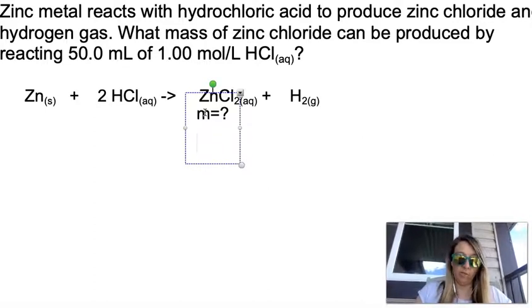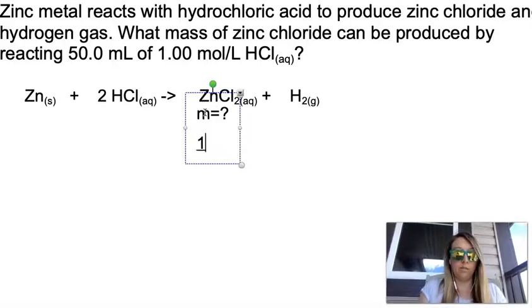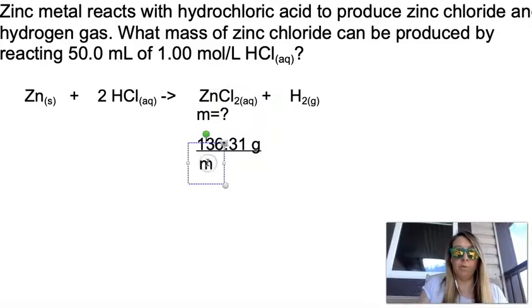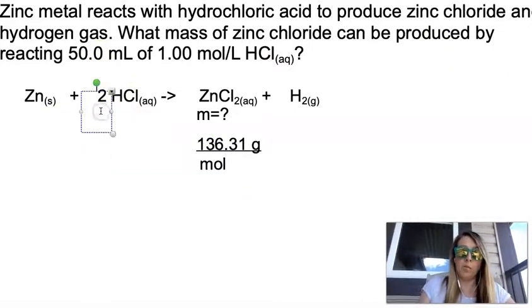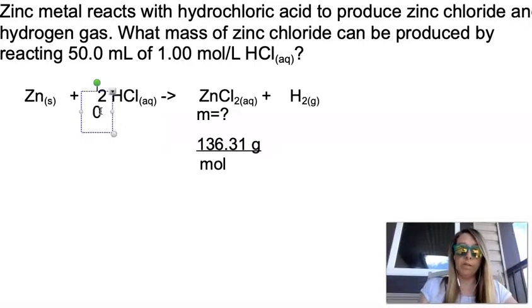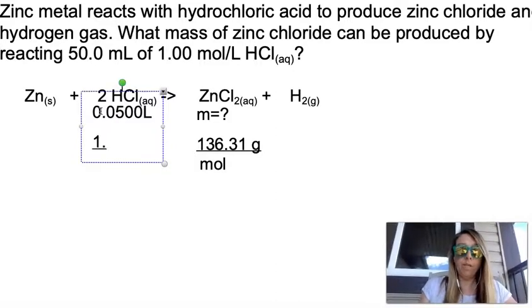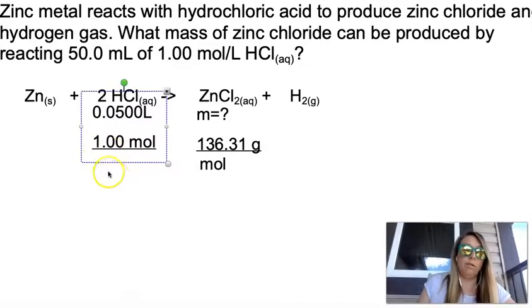So 65.41 plus 2 times 35.45, we get 136.31 grams per mole. Okay, so what are we given? We were told the hydrochloric acid, right? We were given a volume. Remember, we want to convert that milliliters over to liters, so 0.0500 liters. And then we were given a concentration of 1 mole per liter.